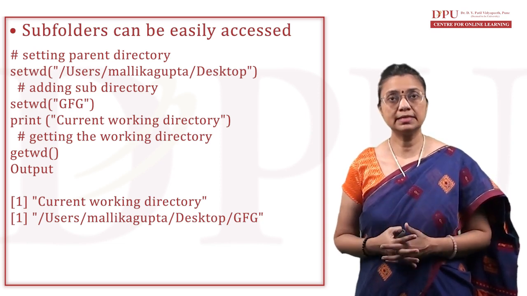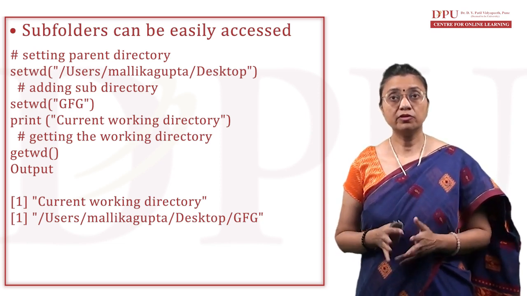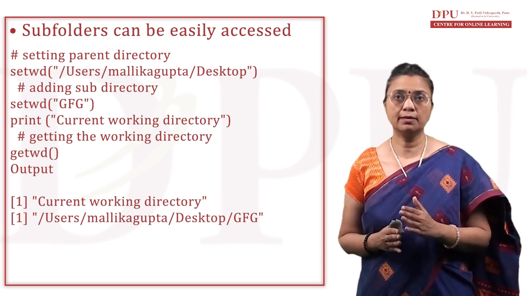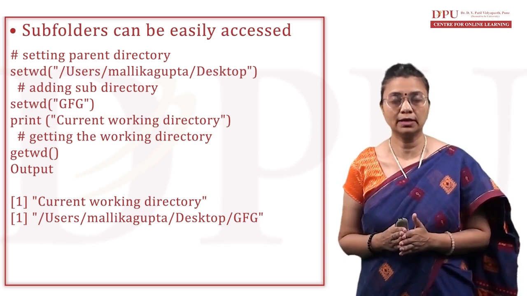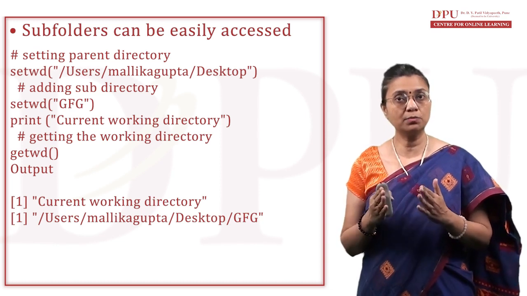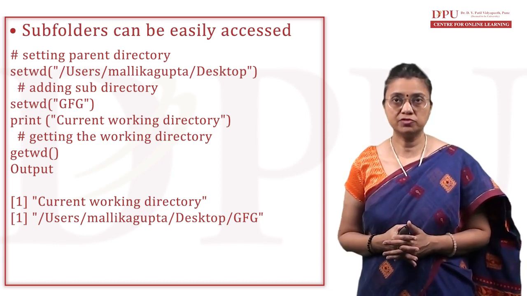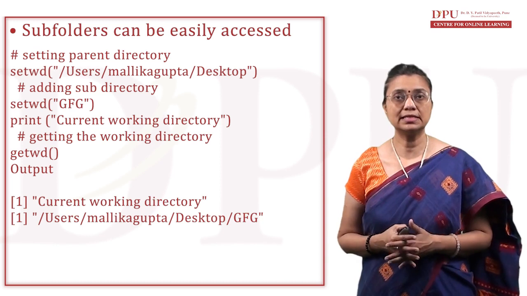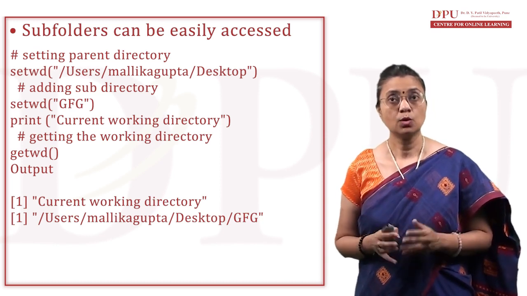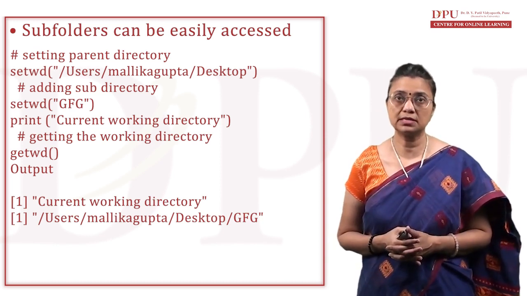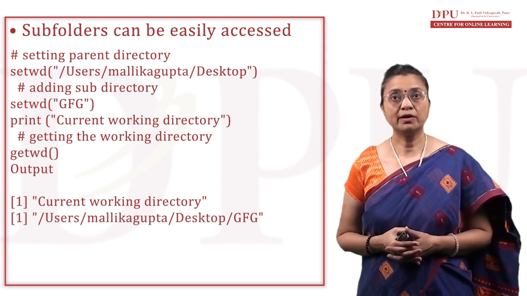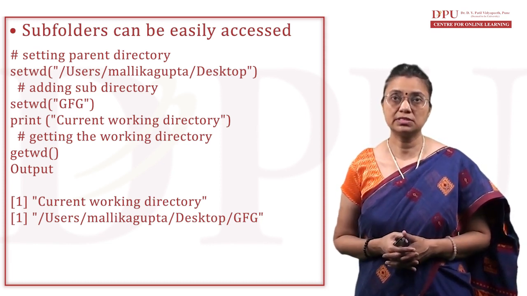So this is an example of relative referencing, where from the current location, either I'm going back from desktop to Malika Gupta, or down the line from desktop to GFG. That is how subfolders can be easily accessed once the root directory has been set, by further specifying the character names of the subdirectory.